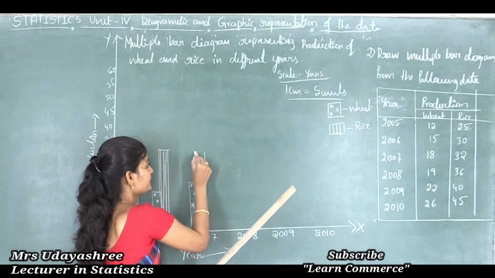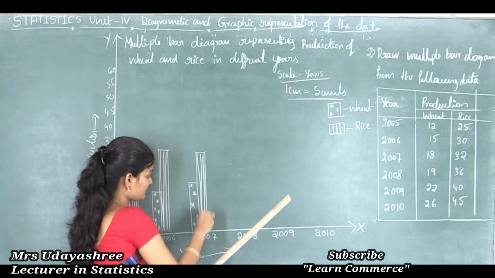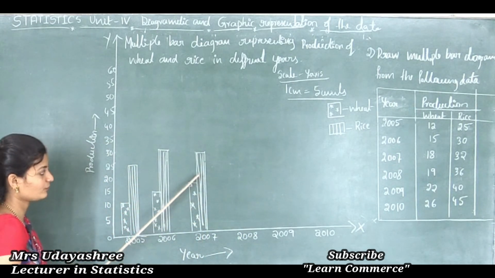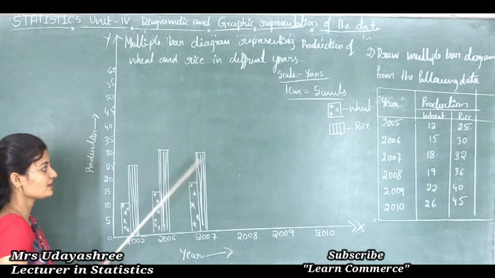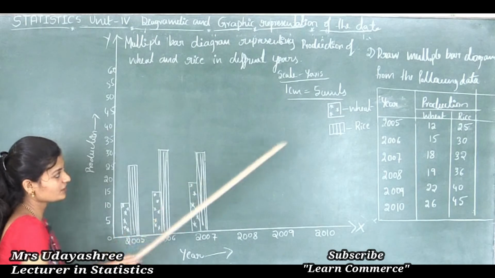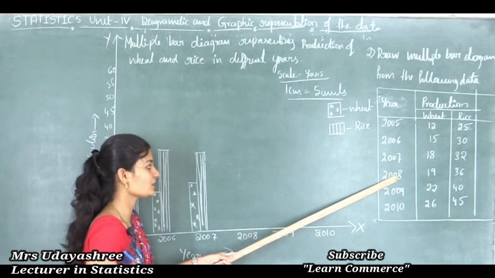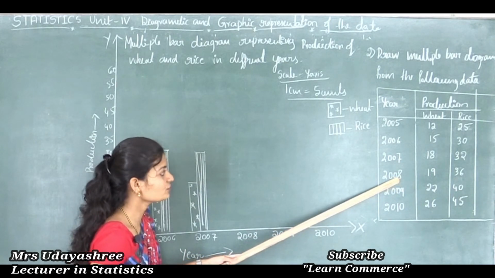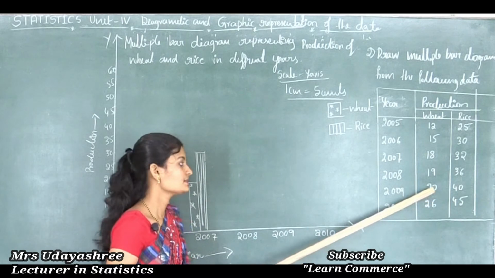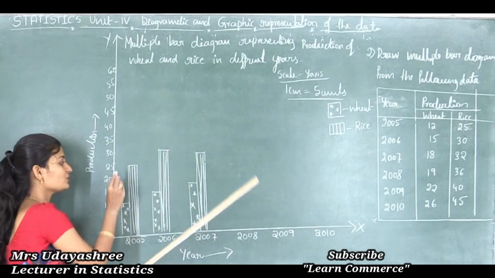This bar indicates the production of rice, the rice shading mark is like this, and this bar indicates the production of rice in the year 2007. Next, move to the year 2008. In the year 2008, the production of wheat was 22 ton. See, 20 is here, 25 is here, 22 comes here.